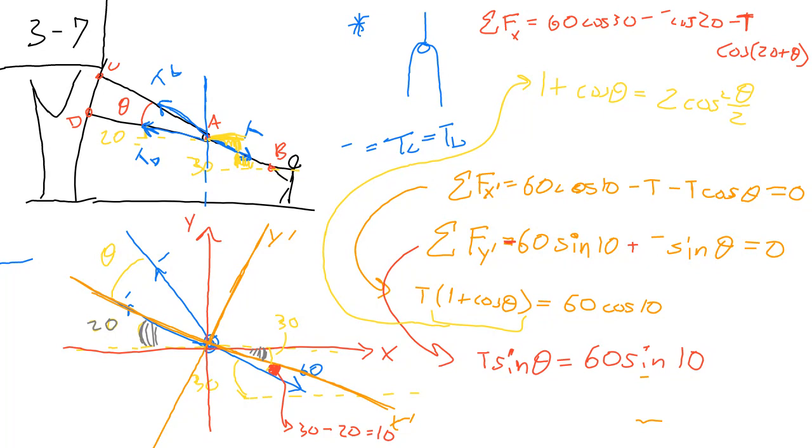What can we do with the sine? If we divide both of those to turn it into tangent, no, it would still have been a mess. The t's would have canceled out anyway. I guess what I should do is solve for t using this one and plug into the other, and see if that works.